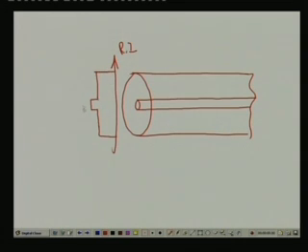So, this is our N1, this is our N2. This is our central line. The light also travels through this, like this. This is the core and this is the cladding as before.